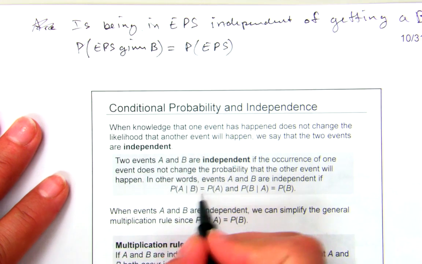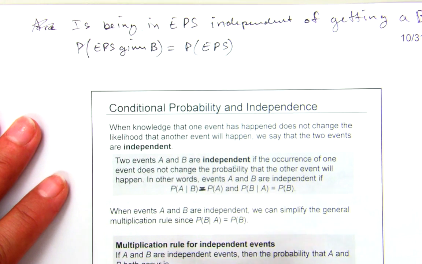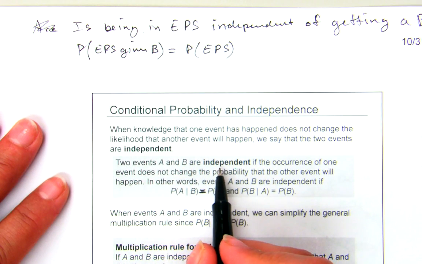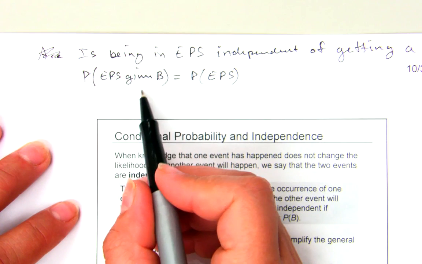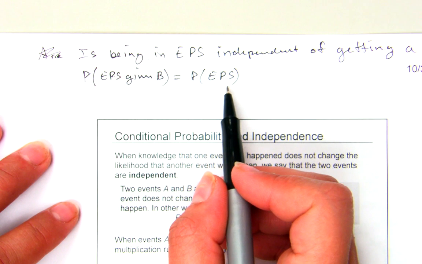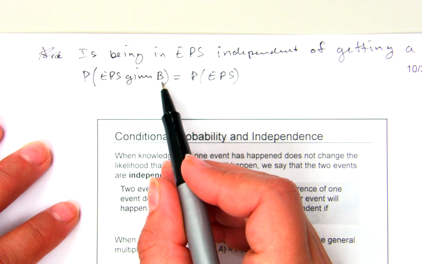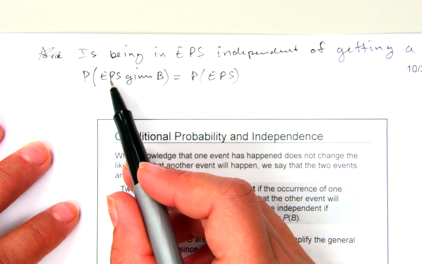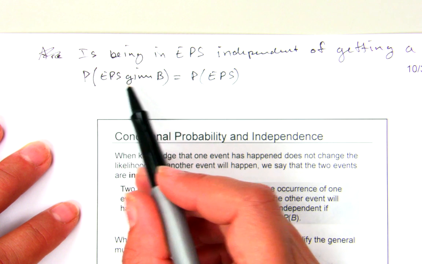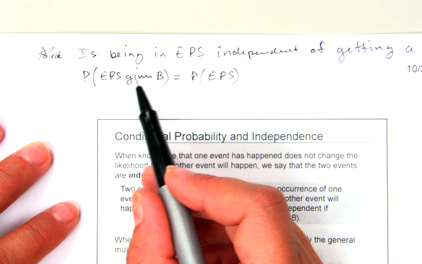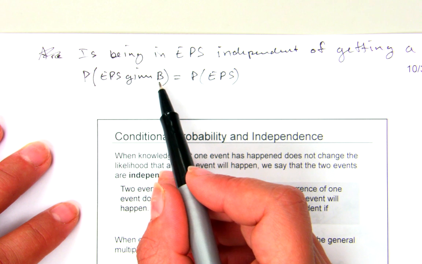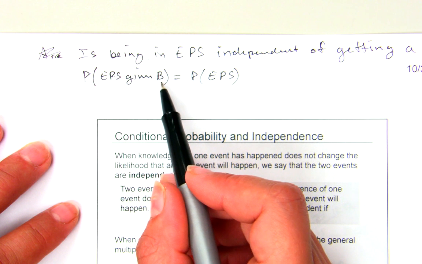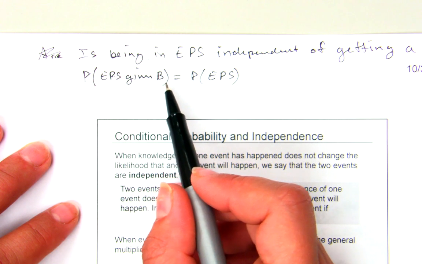One of the two. If you can show me that they're equal, then they are independent of each other, which basically means that knowing the event of EPS doesn't actually change the probability of getting a B in whatever class you're in.